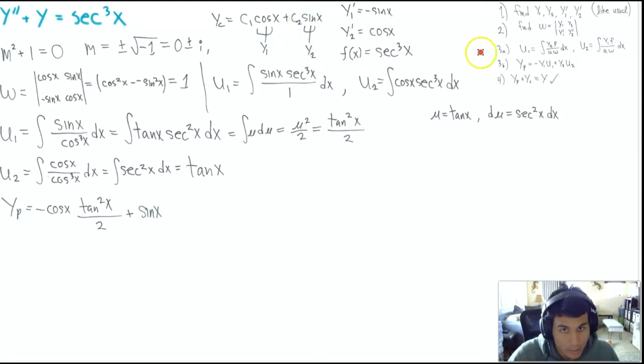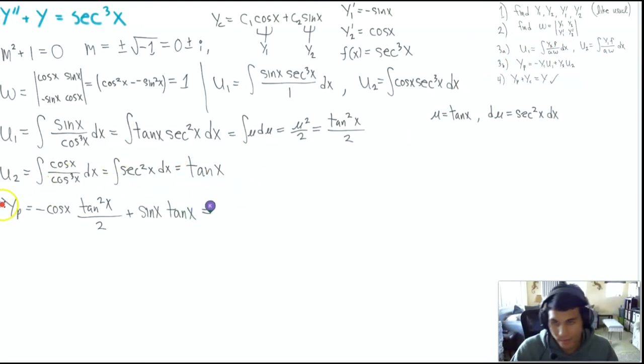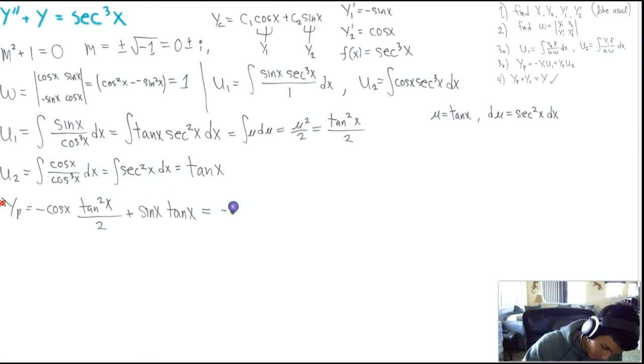And sine x is being multiplied by u2, which is tangent x. Let's simplify this a bit. So this would be the same thing as saying a negative cosine x, sine squared x over cosine squared x. And let's not forget our 1/2.